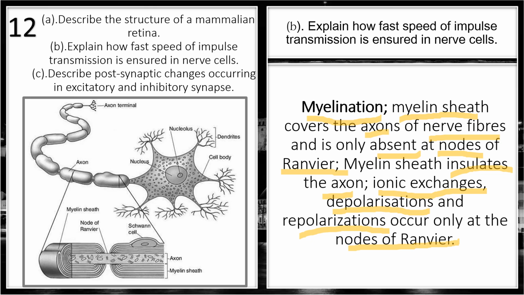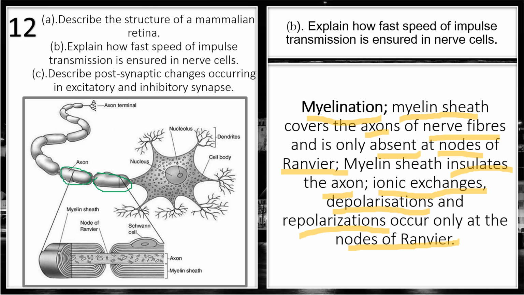Now let us look at our neuron here. When you look at this neuron, we have this part here that we are seeing. That part is an axon covered by a myelin sheath. That outer layer is what we call a myelin sheath.